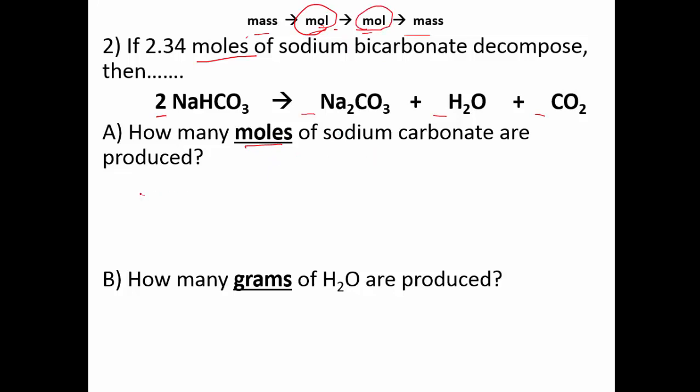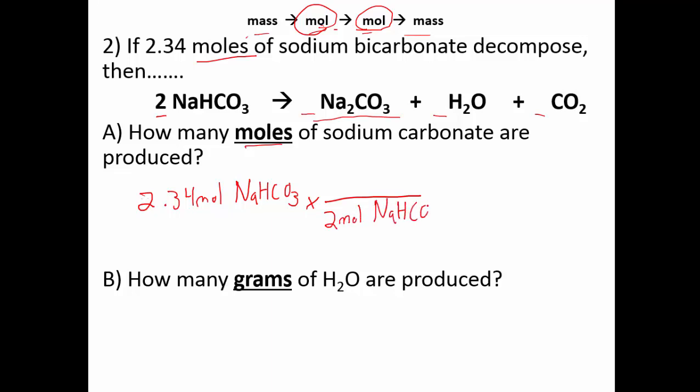So our starting point, we've got 2.34 moles of sodium bicarbonate, NaHCO3, and we're just going to move into the mole to mole ratio, in this case from moles of one to moles of the other, so 2 moles of our sodium bicarbonate over 1 mole of sodium carbonate.